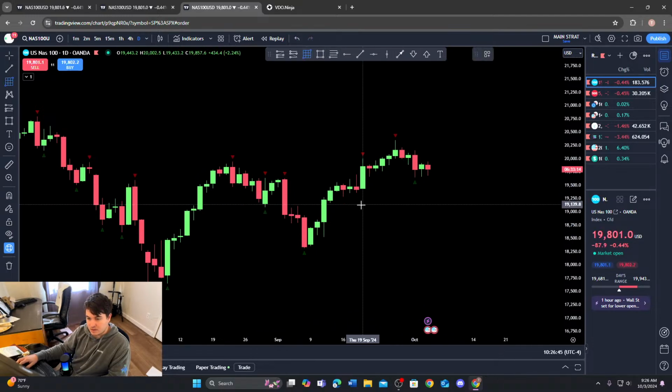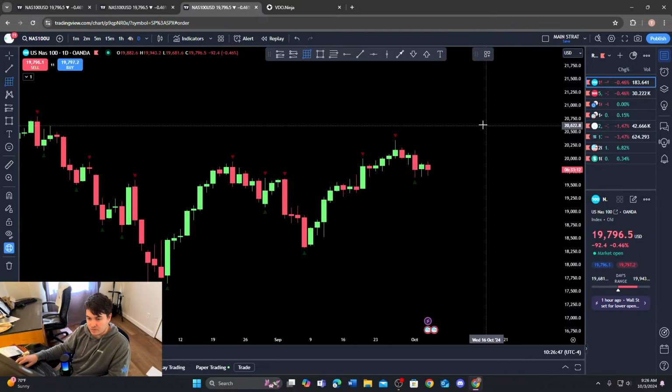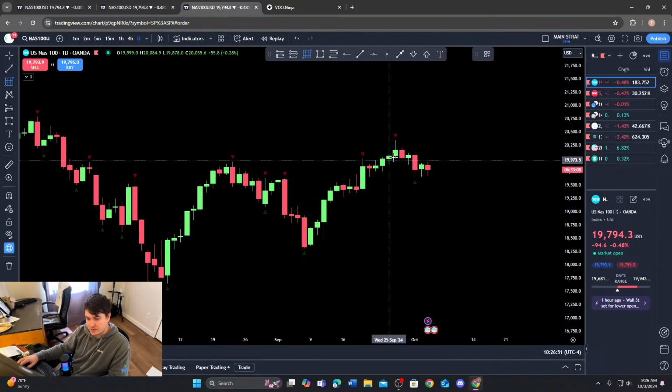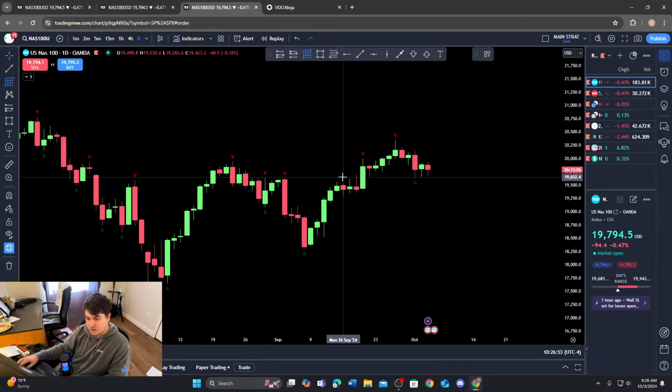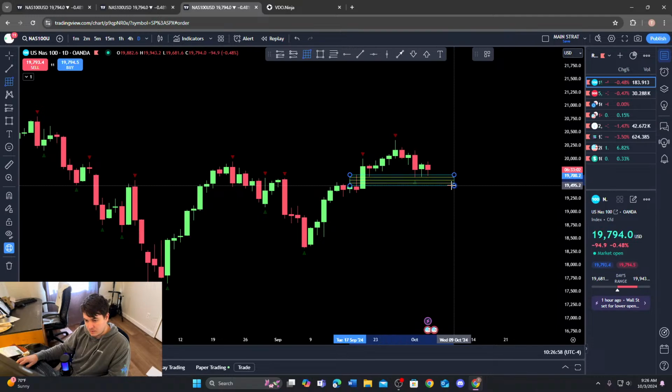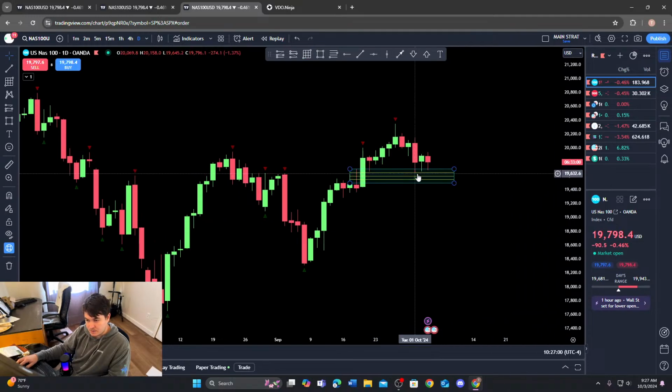I look at order blocks, inverse fair value gaps, all that stuff on the daily. So in this price range here, we have an order block here, and price bounced off of it, went down to the 25% retracement inside this order block.